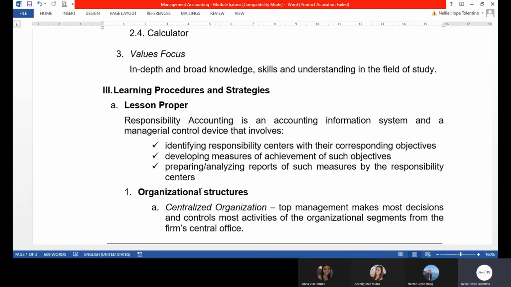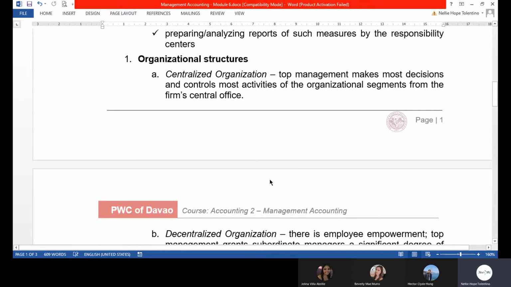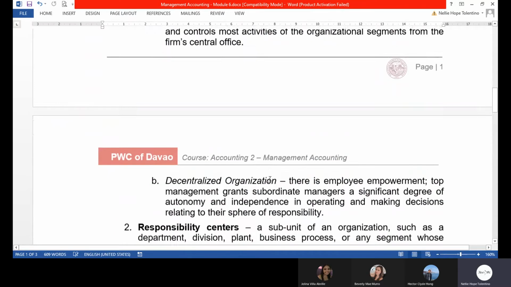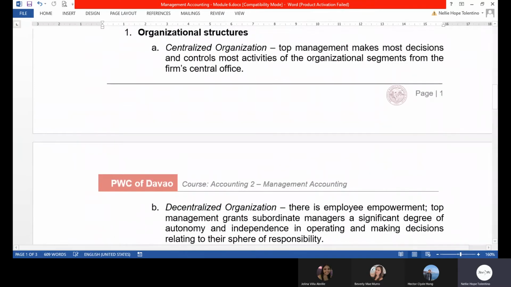So before we go ahead kung ano ba ang responsibility centers, first let's talk about organizational structures. So an organization may be centralized or decentralized.